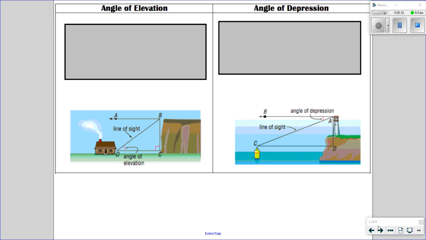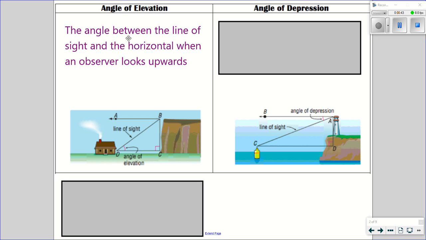So before we go in depth with these two, the angles of elevation and depression, we need to know what they are and what they look like. The angle of elevation is the angle between the line of sight and the horizontal when an observer looks upward.